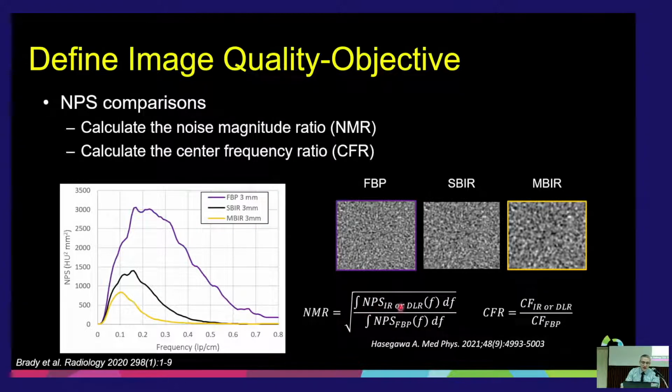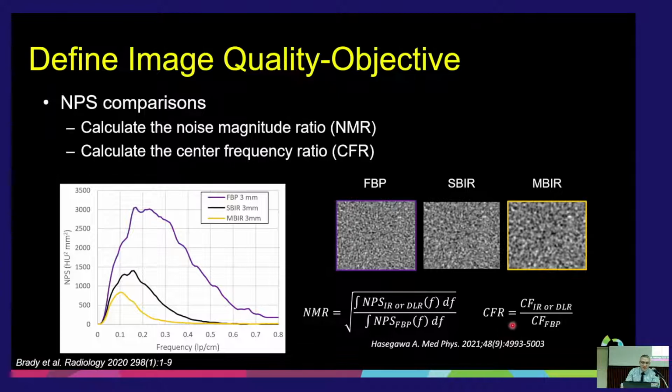The noise magnitude ratio basically takes, and you integrate, so you sum up all of the values underneath the curve, and we're going to do this for IR, an iterative reconstruction, because we're going to compare it to the noise power spectrum of the filter back projection. So we sum up everything under here, and we sum up everything under the purple, we divide it, we take the square root, and we get a number.